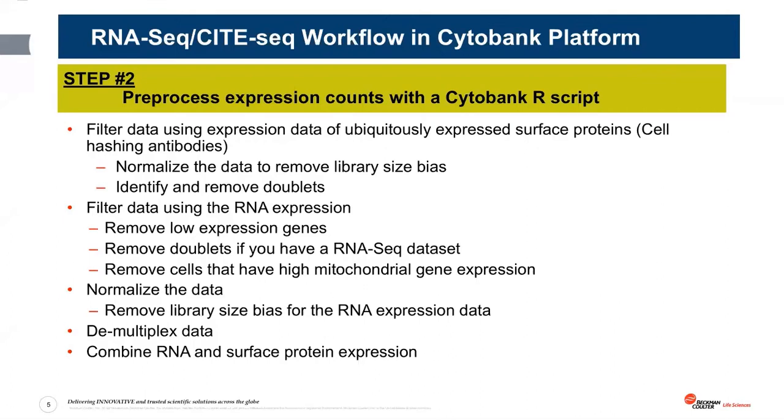Actually, if you can imagine, right now the data matrix you will get after step 1 is an n by m matrix. So the rows are the genes or features, and the columns are the cells. Because this data matrix has 2 dimensions, when you filter your data, you not only need to filter on the cell dimension, you will also need to filter on the row dimension, which means you will need to filter genes based on some criteria.